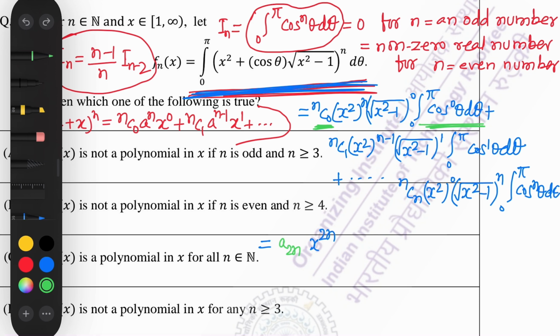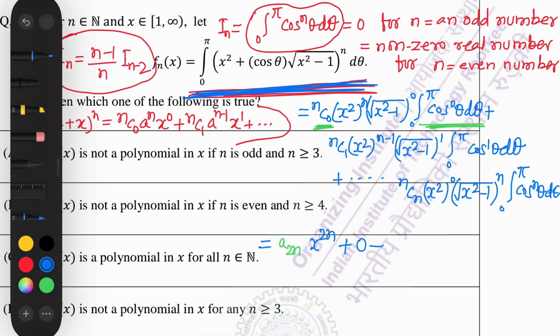So I now write the next term, and plus, and in the next term, as I said earlier in the beginning, if the power of cos theta is an odd number, then it will be 0. So the second term will be eliminated and it will be 0, okay.